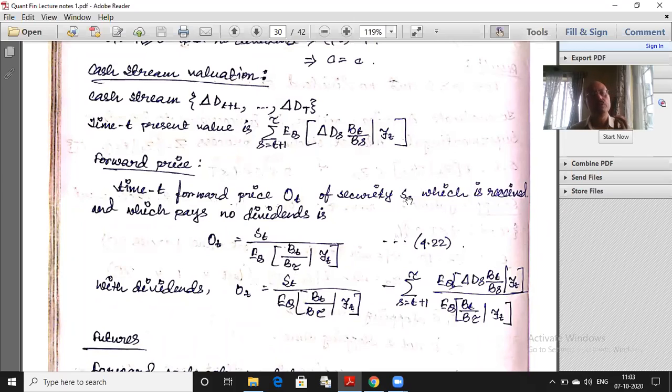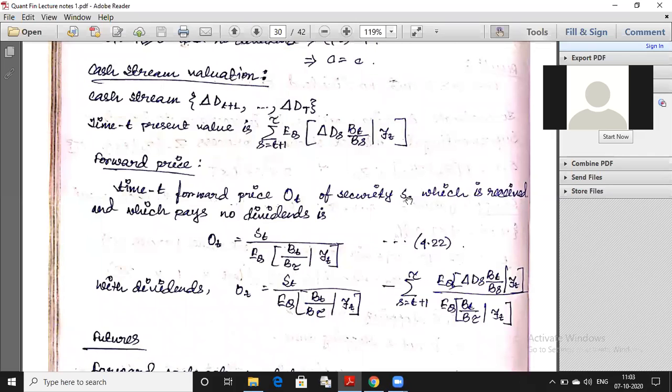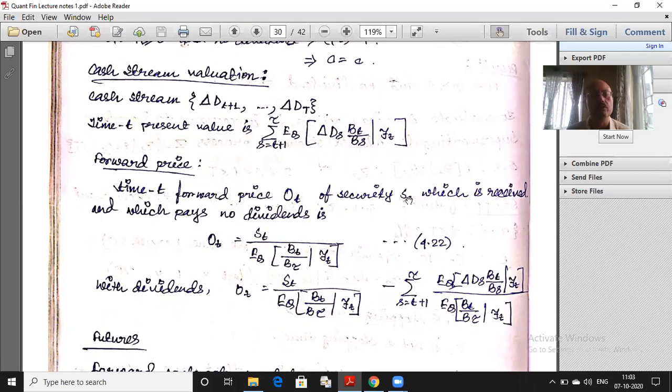Now this stock currently is valued at S small t. Now is time small t and the value of the stock is S_t. What is the forward price of this stock if I hold on to it for time up to, say, capital tau?